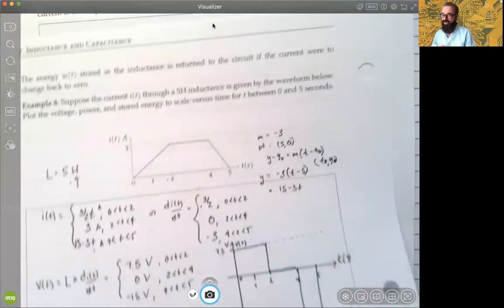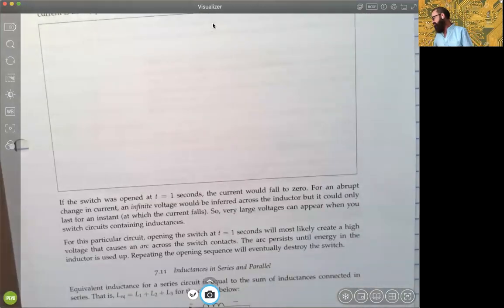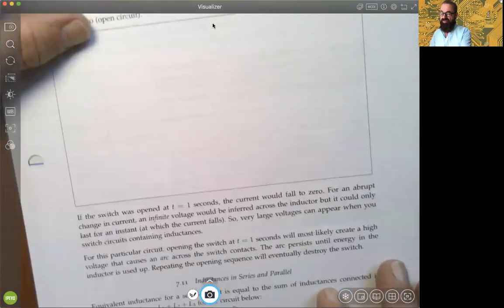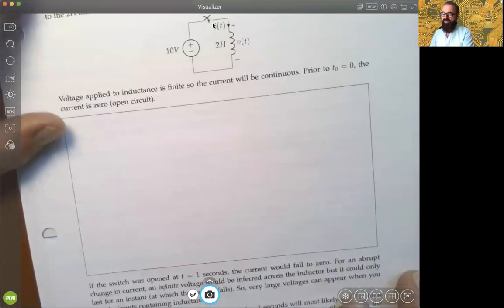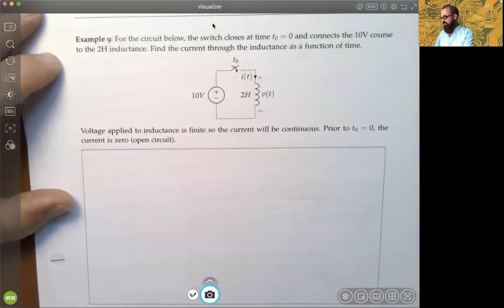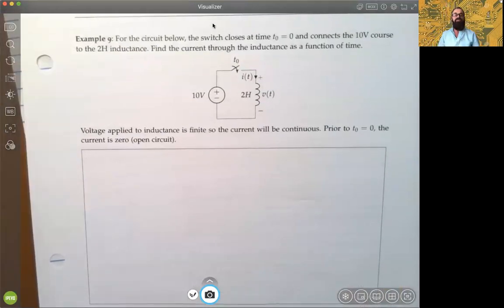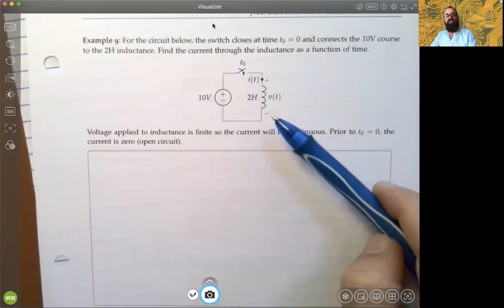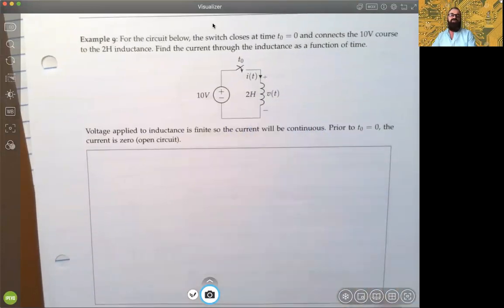So that was the bottom of page 92. Let's do one more problem before we summarize inductances in terms of their series and parallelism. So this example 9 on page 93, we have a switch on a circuit that's got an inductance with a voltage source of 10 volts.